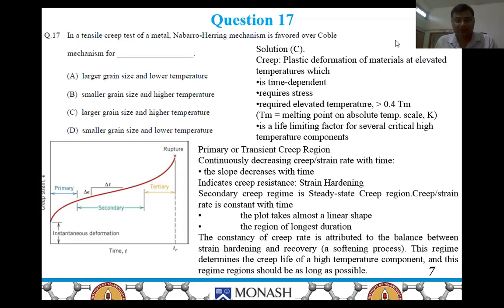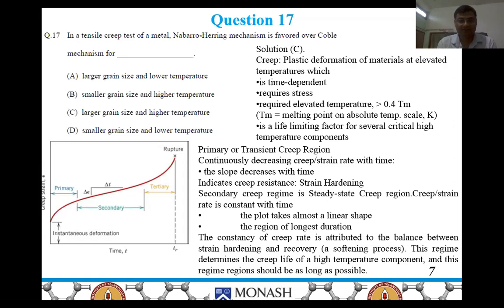Creep has three stages: primary, secondary, and tertiary. Primary, or transient, creep region has a continuously decreasing creep rate. You can see the creep rate, dε/dt, the slope, is continuously decreasing with time. This indicates creep resistance, that is strain hardening.